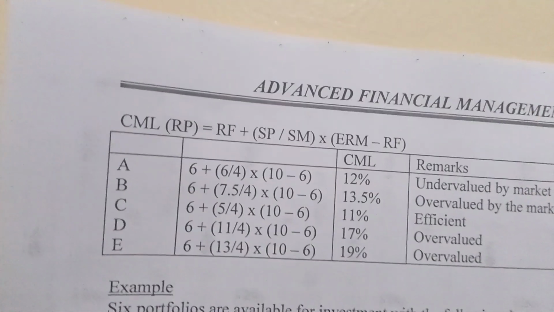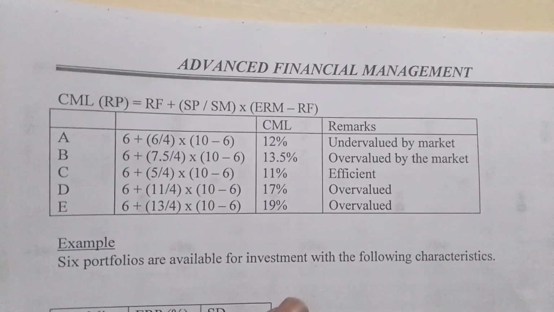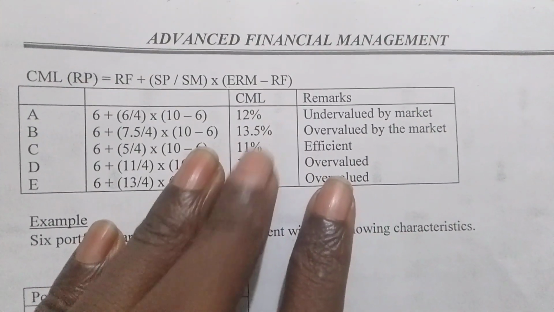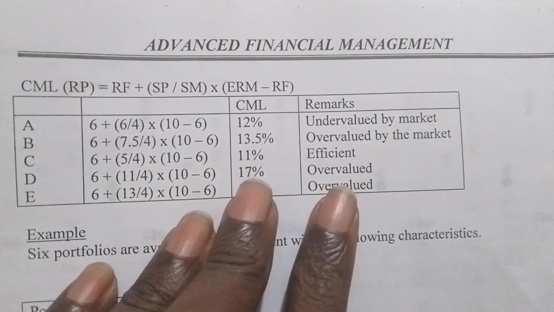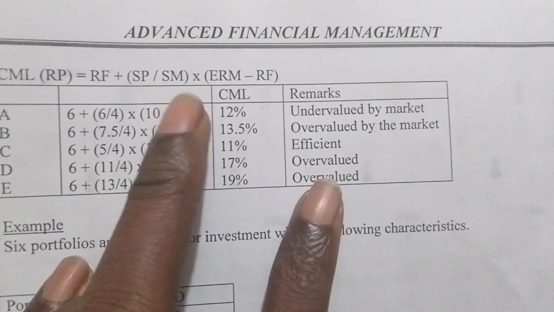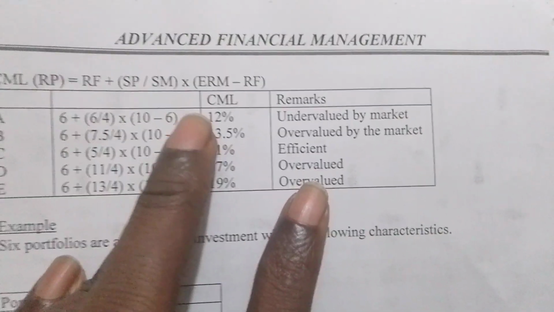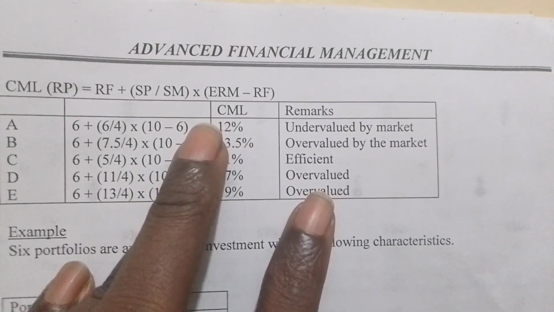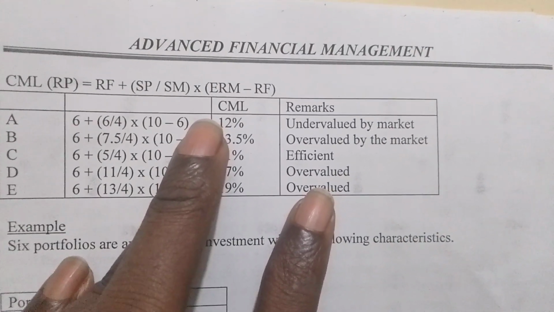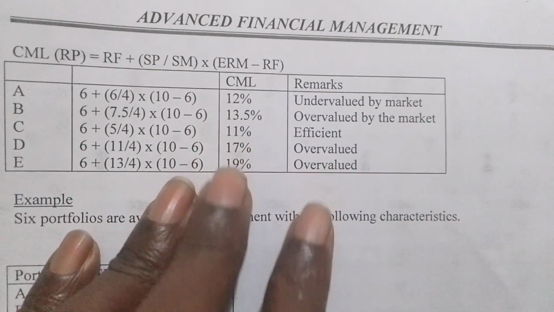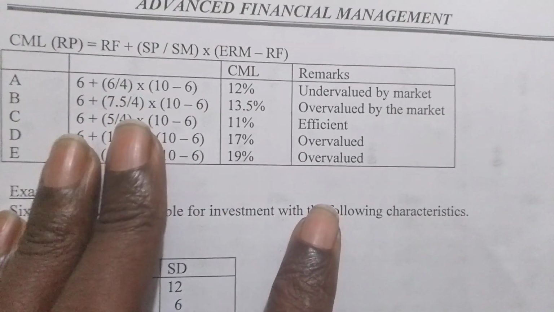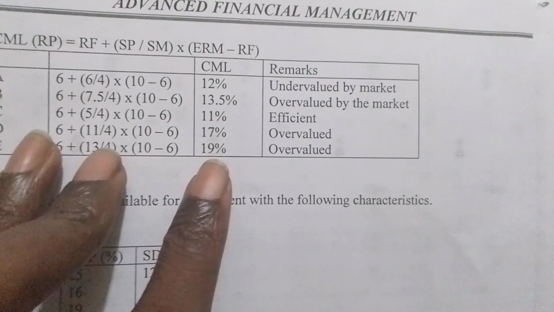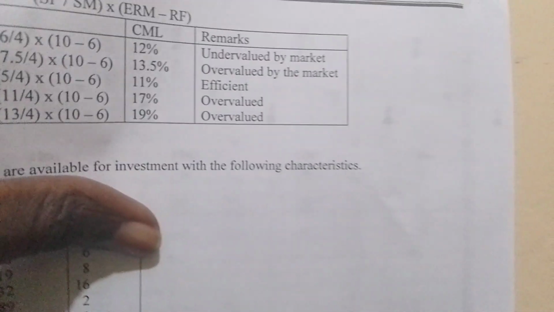Yeah. So let's have our solution now. Remember, you have said capital market line. You'll be taking the risk-free rate plus SP over SM times ERM minus RF. Now the risk-free rate, you have said, is 6.